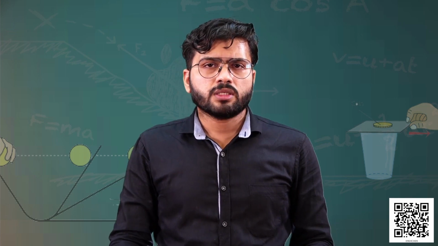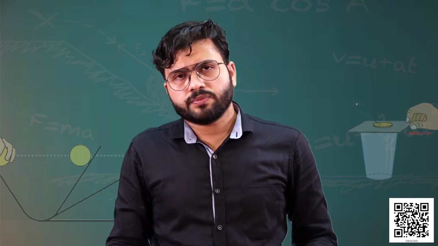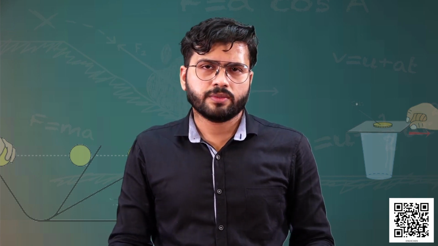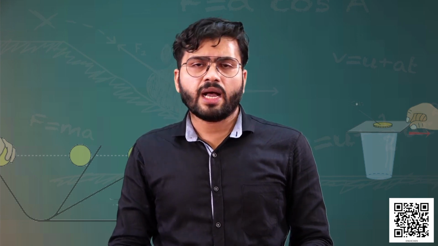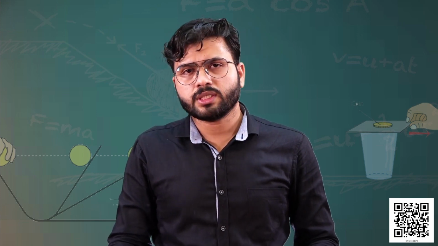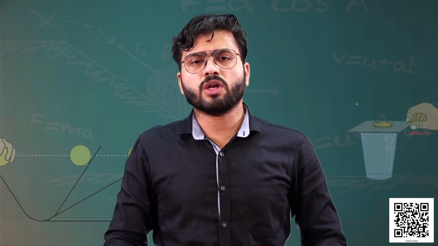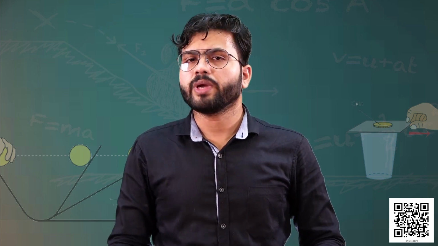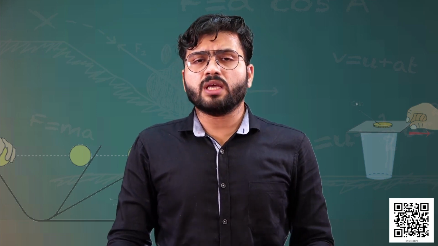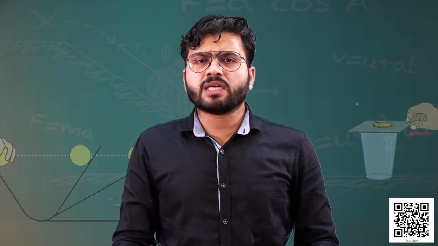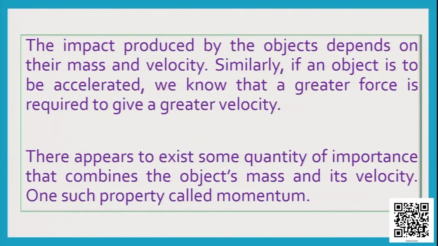So there is a certain quantity which can correlate the mass and the velocity of an object. And what is that? We call it momentum. The impact produced by objects depends on their mass and velocity.